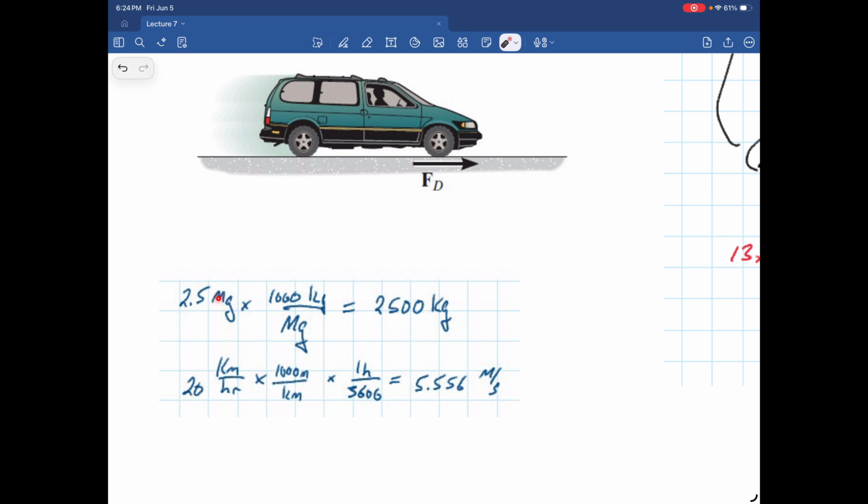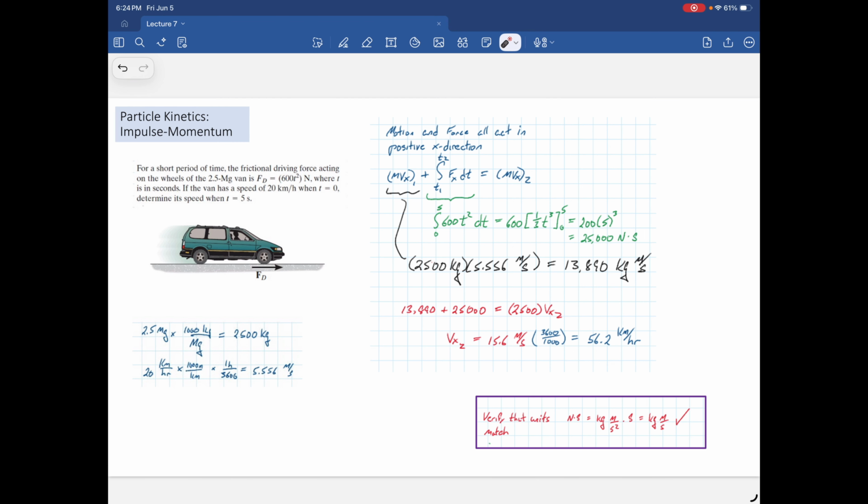So let's take a look at units here first. 2.5 megagrams, 1,000 kilograms is 1 megagram, so the total mass of the vehicle is 2,500 kilograms. We're given the speed in kilometers per hour, but we typically work in meters per second. So 1 kilometer is 1,000 meters, and 1 hour is 3,600 seconds. Working out the values, we have 5.556 meters per second.